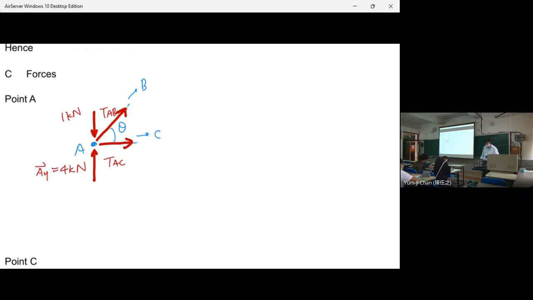I will leave it to you to write it, and we have tangent theta equal to 3/4. You go on to work on the summation Fx equal to 0 and summation Fy equal to 0.